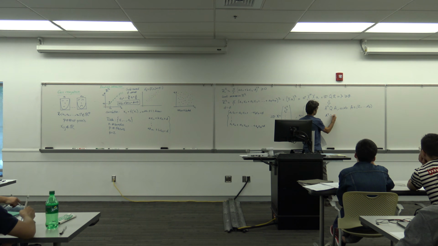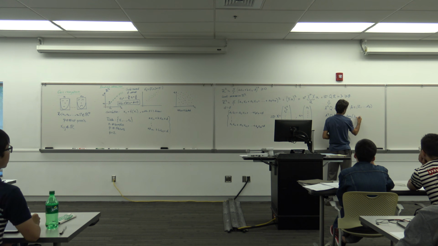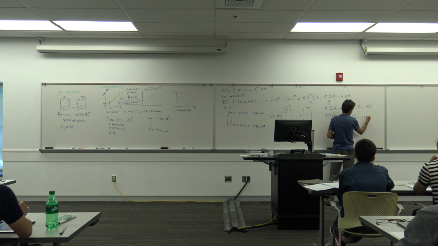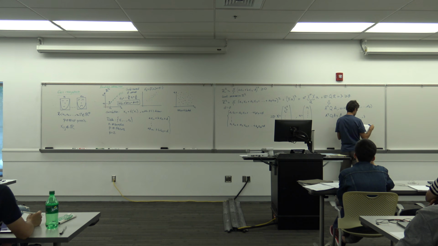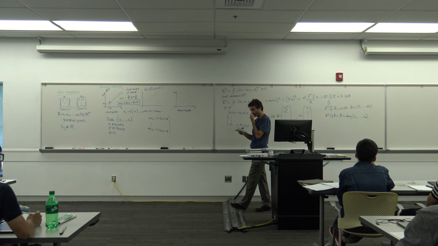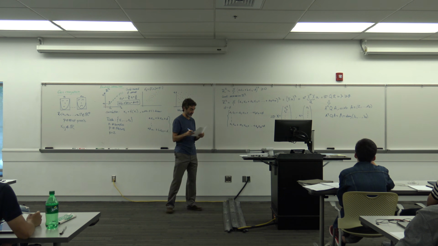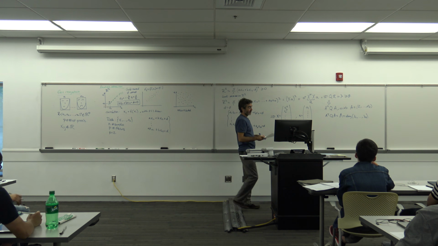A transpose QA is now going to be equal to capital lambda, where capital lambda is a diagonal matrix of lambda 1 through lambda p. All right.